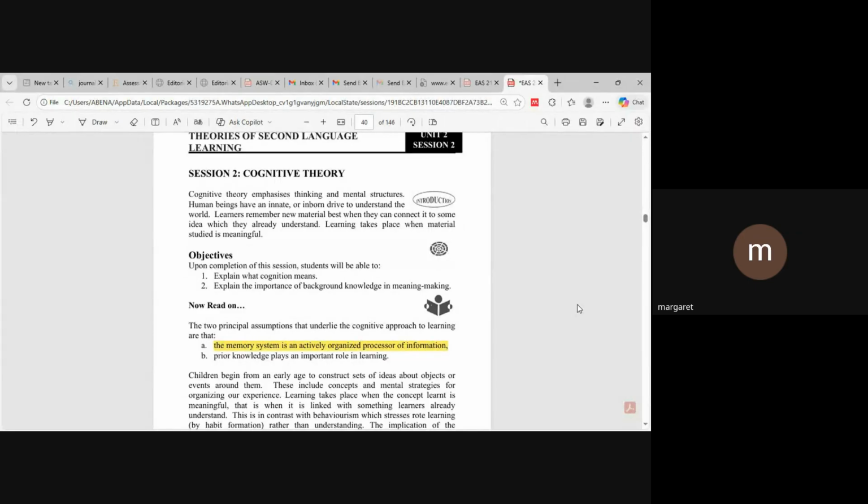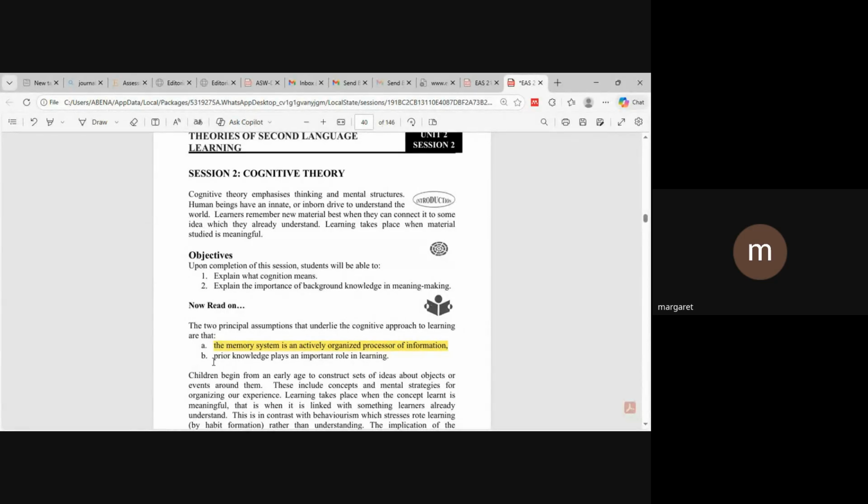The learner already has an idea, a previous knowledge or experience concerning what you are teaching. And at one point, that is what the learner will build on to learn what you are giving them in the classroom.